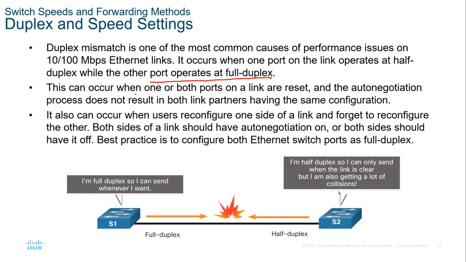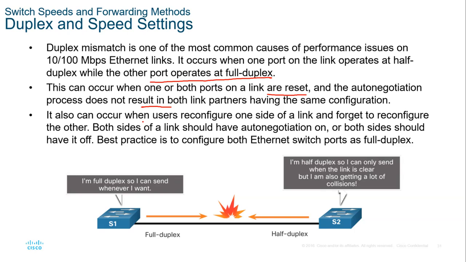This can occur when one or both of the ports are reset and the auto negotiation process does not result in both link partners having the same configuration. It can also occur when you configure one side of the link and forget to configure the other one.